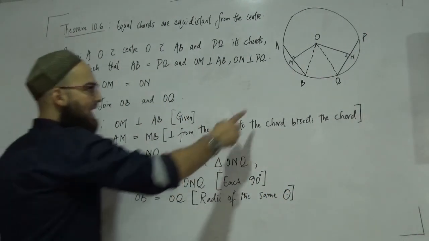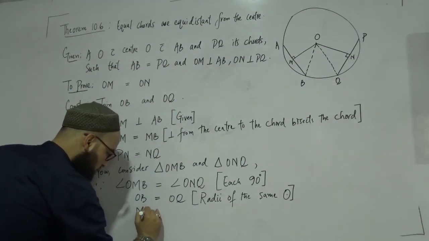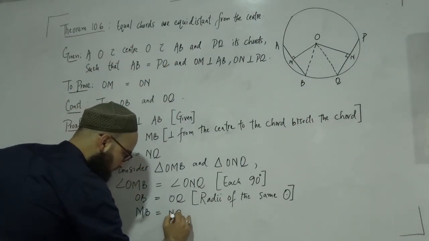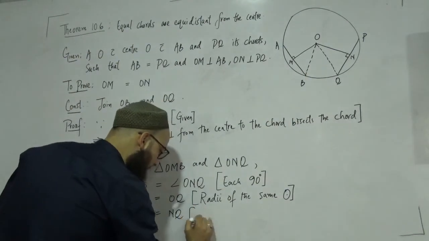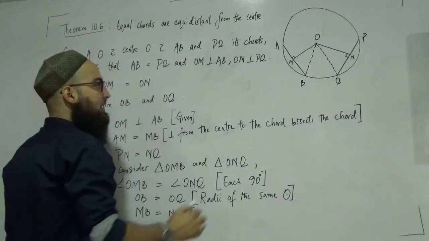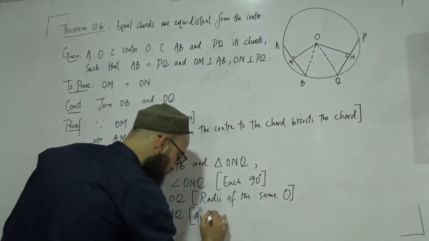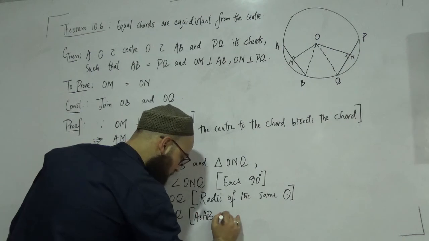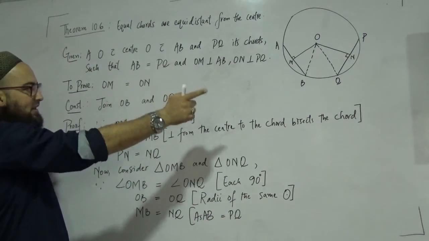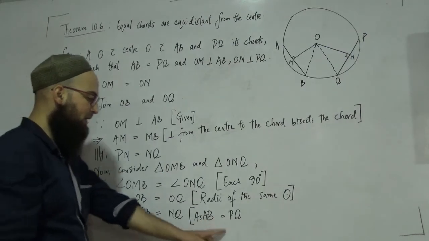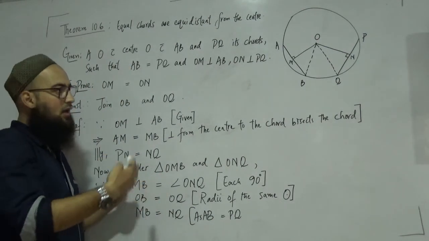Then I'll say MB is equal to NQ. How? See, AB is equal to PQ because it's given that these are equal chords. Now if AB is equal to PQ, you know that if wholes are equal, halves are equal.